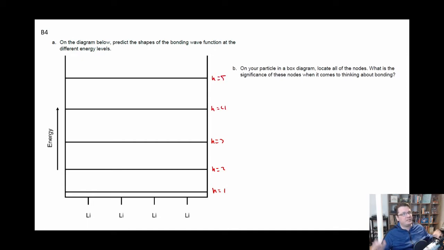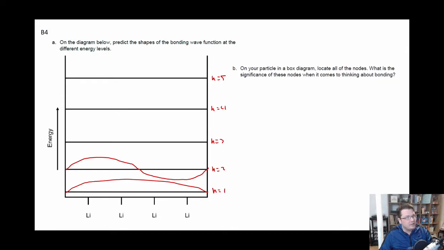If our boundary conditions are the length of the chain, we would expect one wave that goes all the way through. For n equals 2, we would expect a node at the halfway point, between the second lithium and the third lithium. So you'd have one phase that goes up, and one phase that goes down.